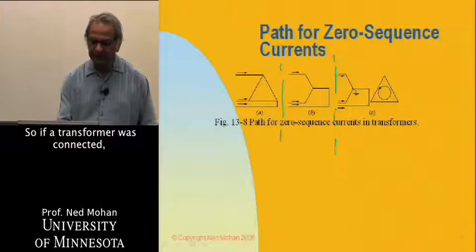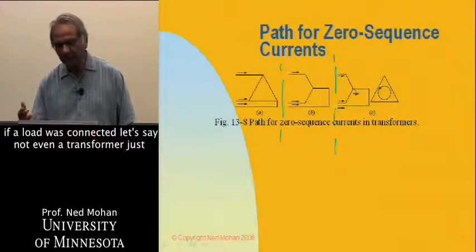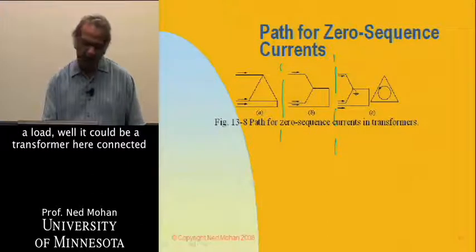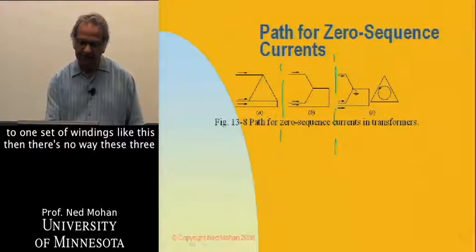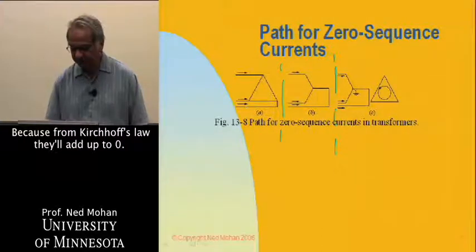If a load was connected, let's say, not even a transformer, just a load, well, it could be a transformer here, connected one set of windings like this, then there's no way these three currents can flow, because from Kirchhoff's current law, they'll add up to 0.